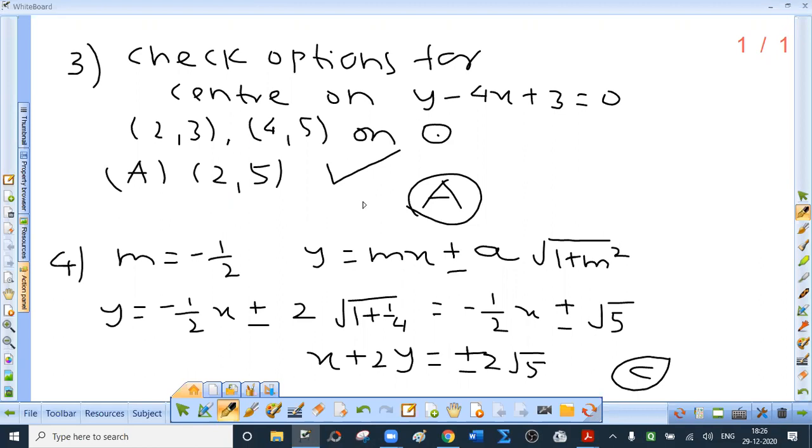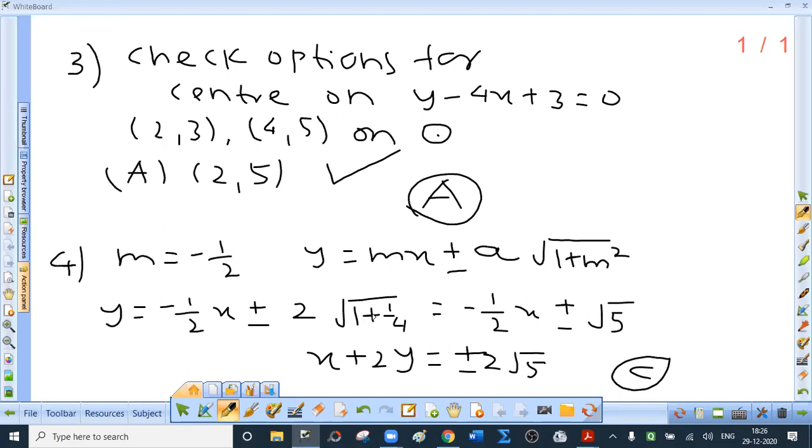But you should know the tangents with slope m to the standard circle are these. Okay, now how to get m? The slope of the given line is minus half. So the slope of the tangent is also minus half, parallel lines. What is a? From the circle's equation, a square is 4, so a is 2. Substitute.